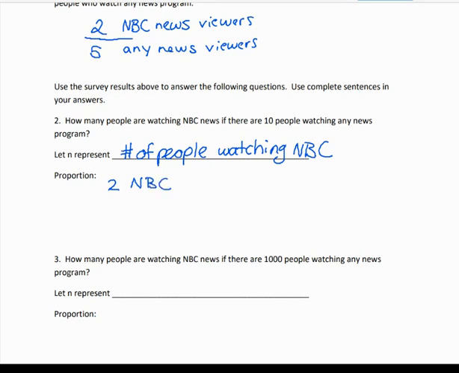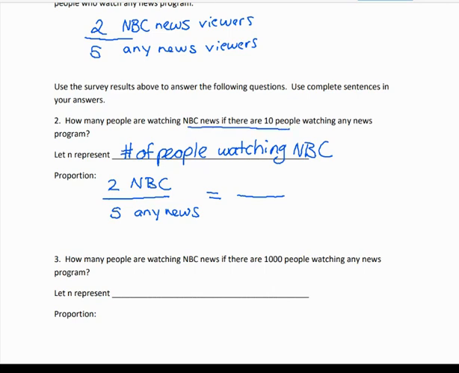We don't need to write the whole thing, over 5 any news. That's my first ratio. A proportion is to set 2 of them equal. Our second ratio now comes from this specific problem. So we need NBC up top. So what number represents NBC? 10, right? It says NBC.